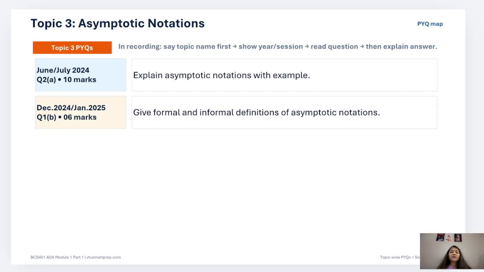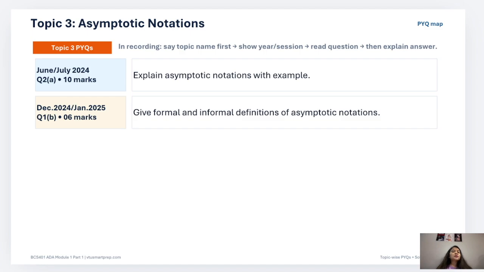So next, very important, the fundamental and core topic of this subject is asymptotic notations. A question will 100% be asked on this topic. This is one of the most important topics in module 1.